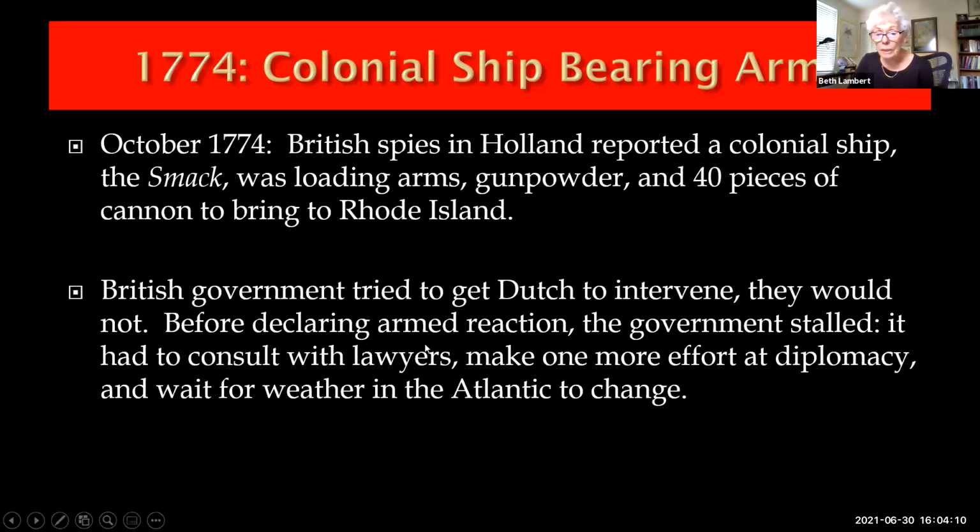So before declaring armed reaction, the government had to consult with lawyers who pleaded they had to wait for the weather in the Atlantic to change before they could really examine or resolve all of this. And so all of this just disappeared sort of into the sunset.